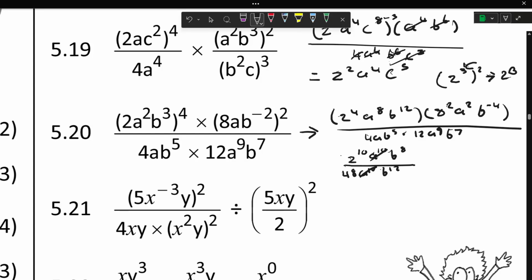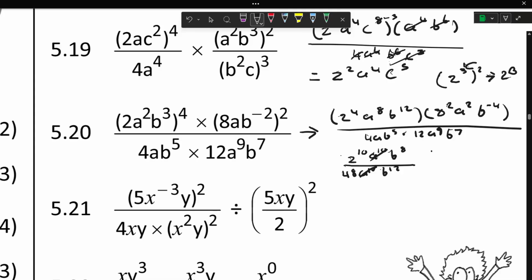Oh, I haven't. Nice. Great. So that'll be 2 to the 10 is 1024 divided by 48. Doesn't go neatly. Okay. So we'll come back to that then.